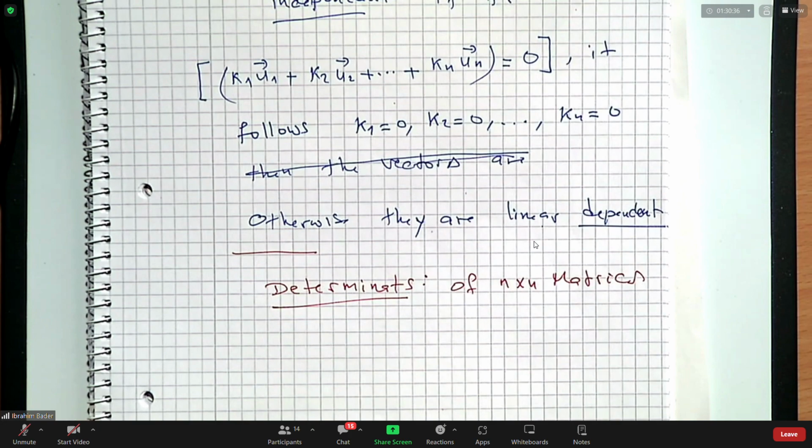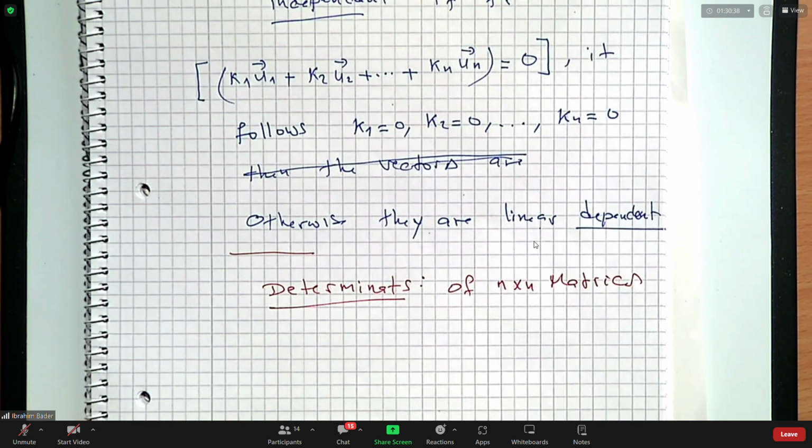What is a matrix? Anyone can give me an idea what is a matrix?